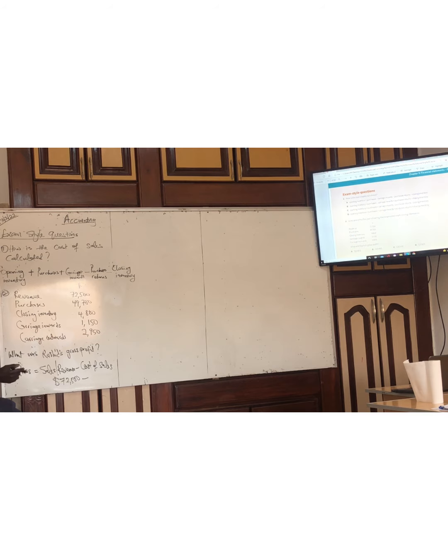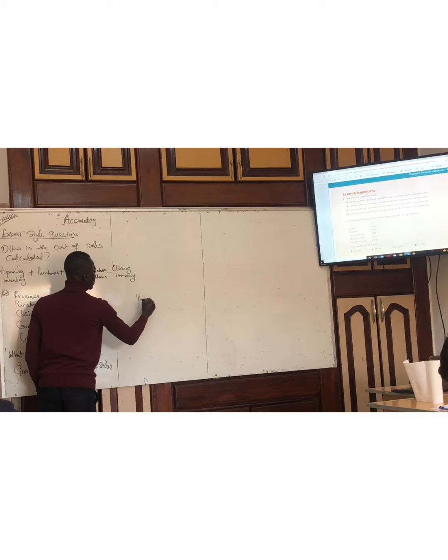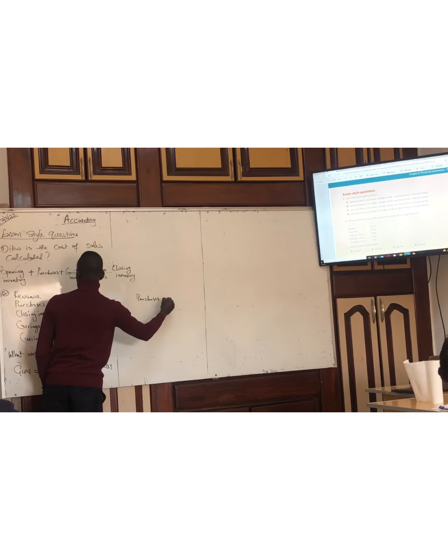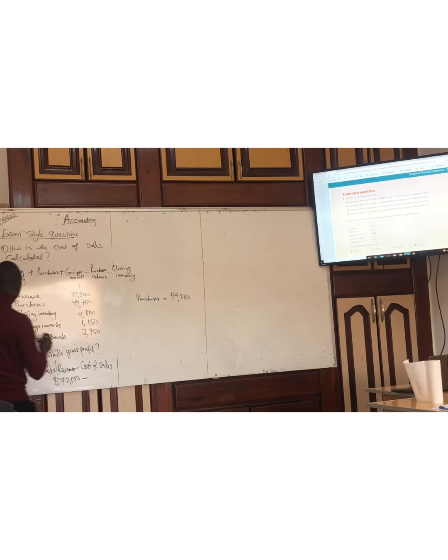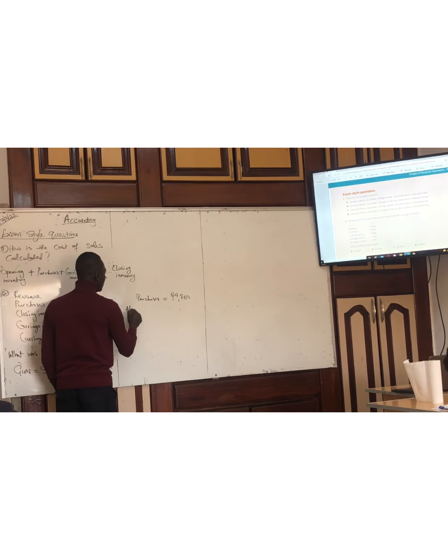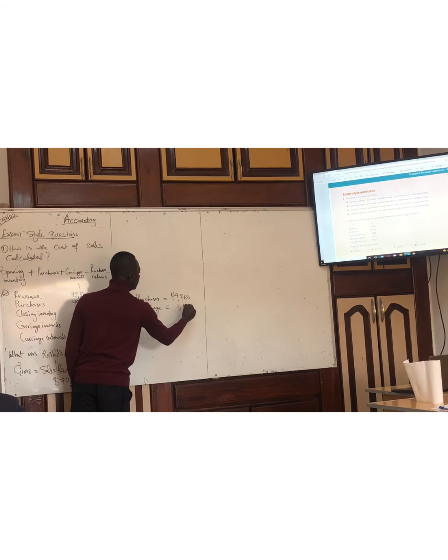So tell me what are your cost of sales here? What items are we adding together? Purchases, which is how much? 49,700. Carriage inwards: are you adding carriage inwards or less? Add carriage inwards. How much is that? 1,150.